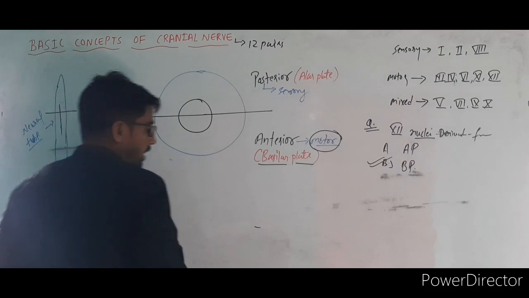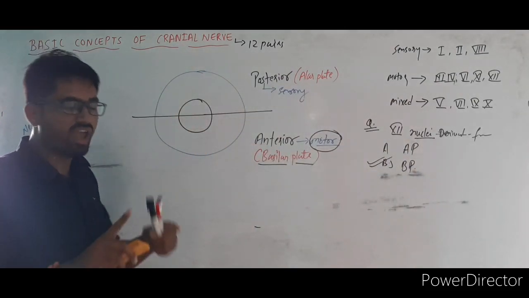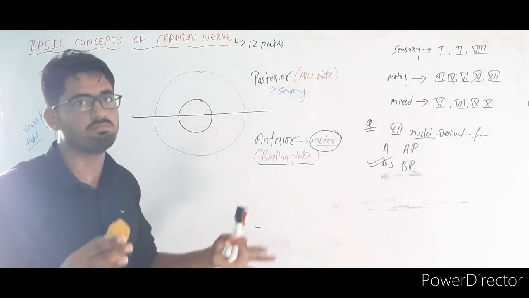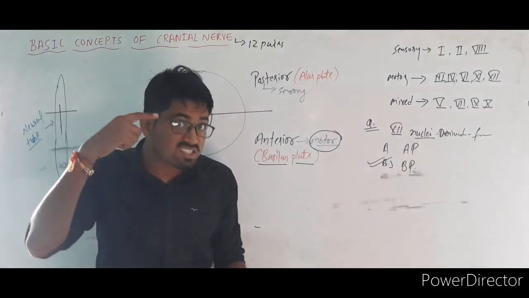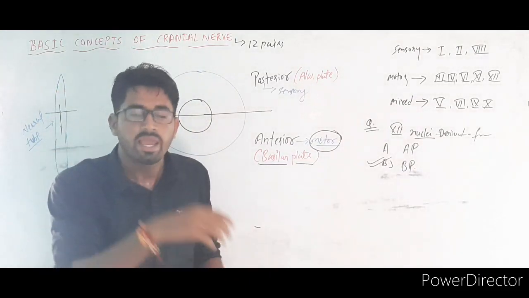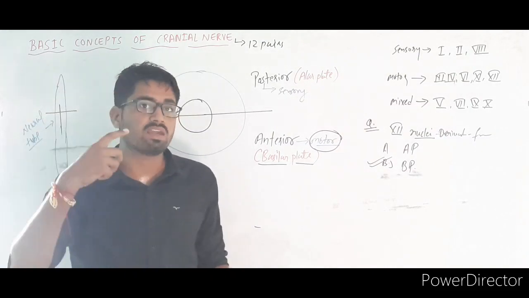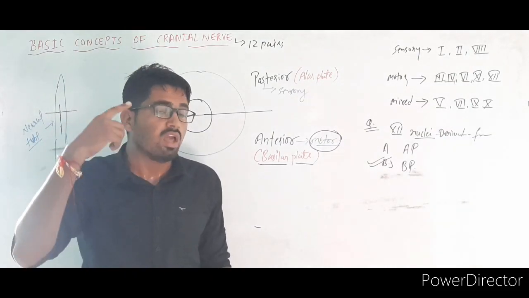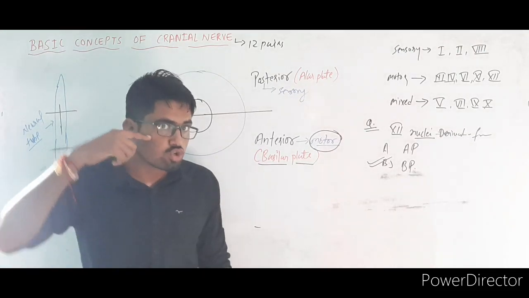So now, in the basic concept of the cranial nerve, we have to talk about the functional column. See, if I am touching here, some sensation is going to the central nervous system, and from the central nervous system some signal is coming back, regulating whether I should keep my hand here or remove it.